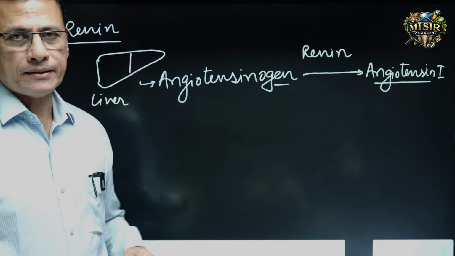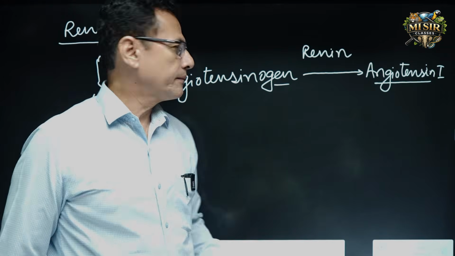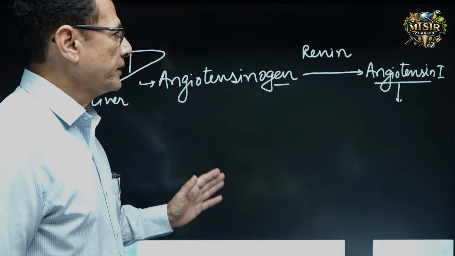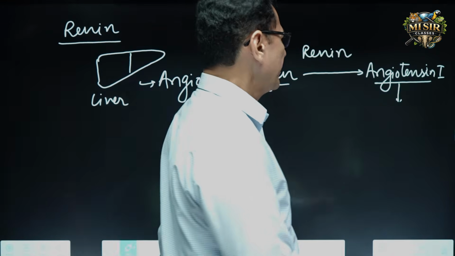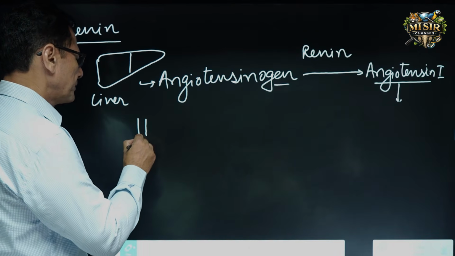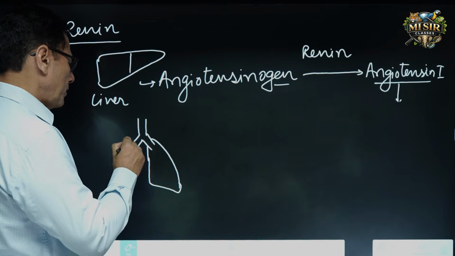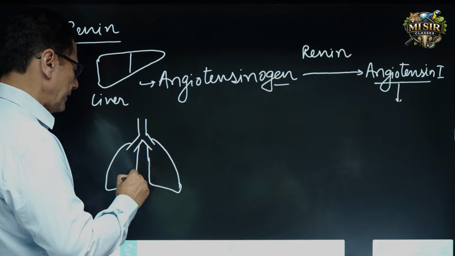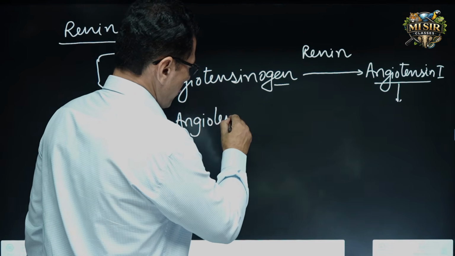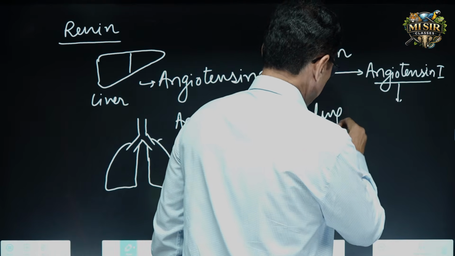Now there is a cascade reaction which we are already studying. One reaction triggers another reaction. Angiotensin 1, this reaction is happening in the blood plasma. Angiotensin 1 travels in the blood, and when it reaches the surface of the lungs, the outer surface has a typical enzyme present called angiotensin converting enzyme.